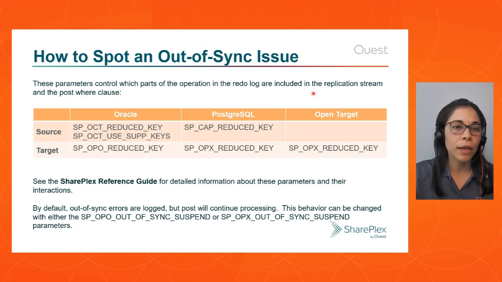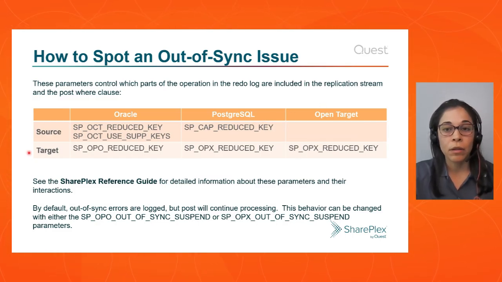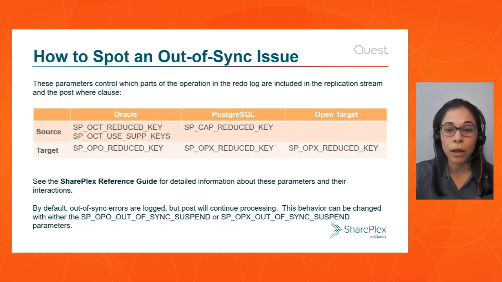Here you can see the parameters that I mentioned for Oracle, for Postgres, and for open targets on source and target system. This reduce key parameter, as you see here, will allow you to include all data that Oracle writes to the redo log.